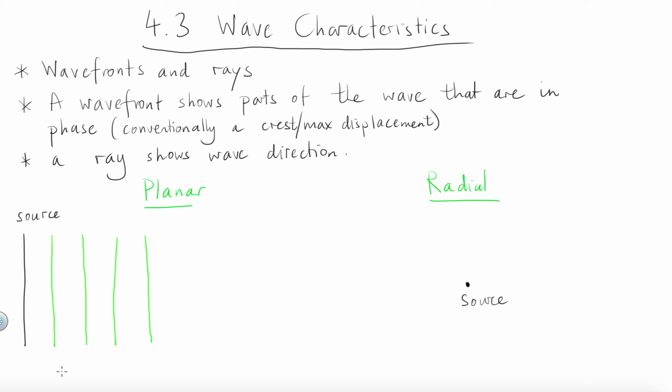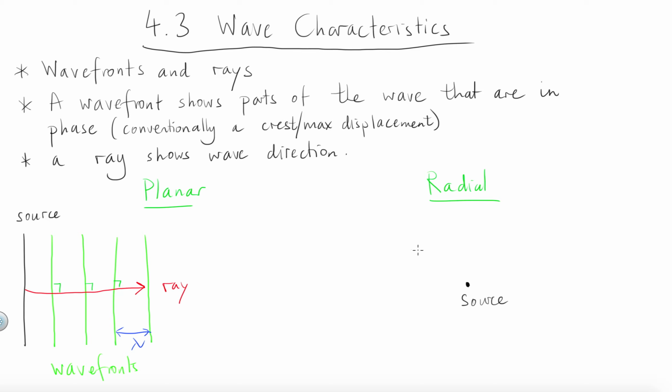These green lines are the wavefronts, and the distance that separates each wavefront is a wavelength. However, the red line shows the direction of wave motion. That's the ray. That's perpendicular to the wavefront. So the wavefront and the ray are always at 90 degrees.